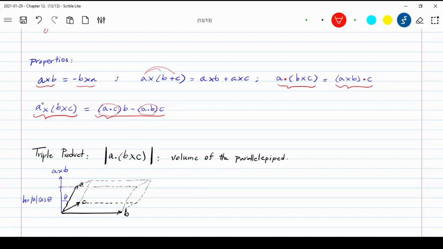So basically it would be the dot product of these two multiplied by the other vector, minus the dot product of these two multiplied by the vector C.